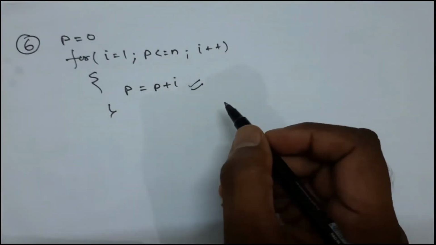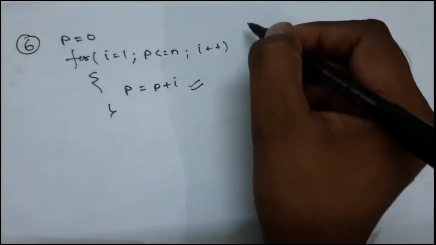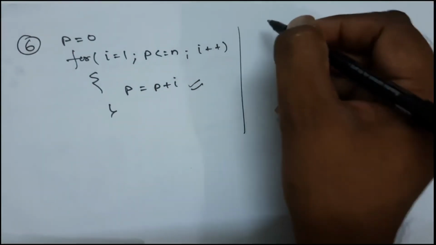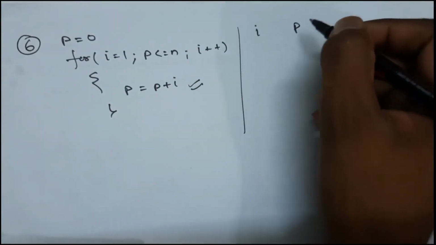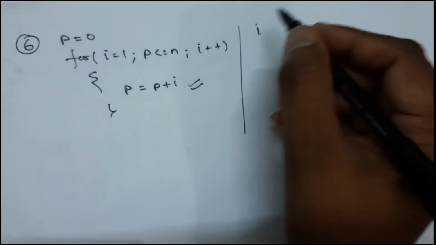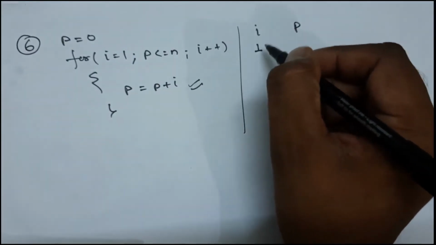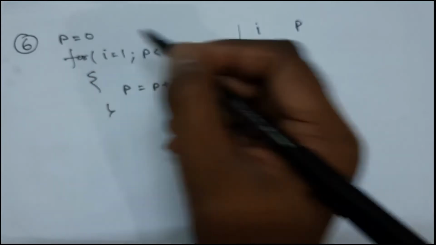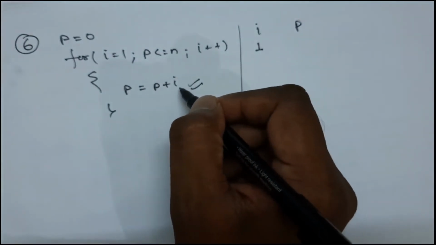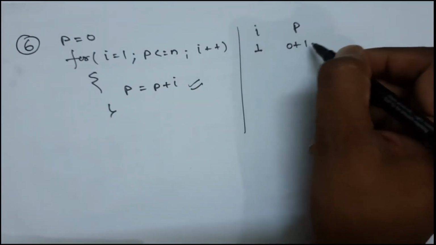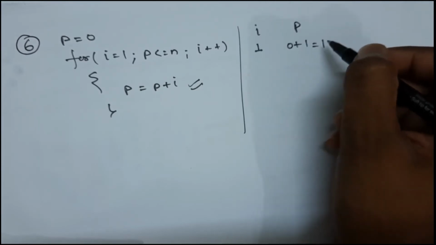Let us analyze this. We'll take two values, i and p. When i equals 1, initially p was 0, so p equals p plus i, which is 0 plus 1, that is 1.